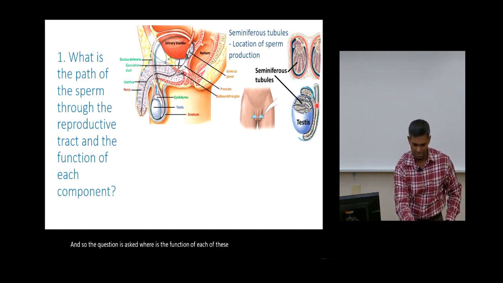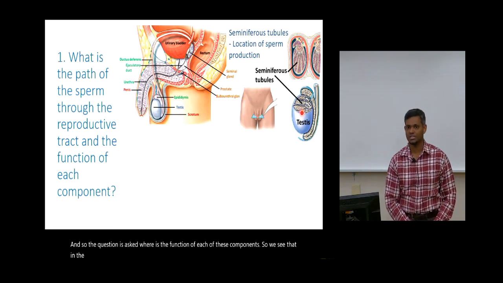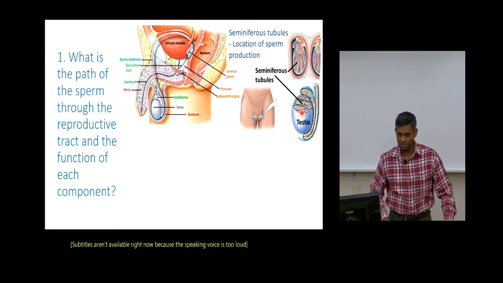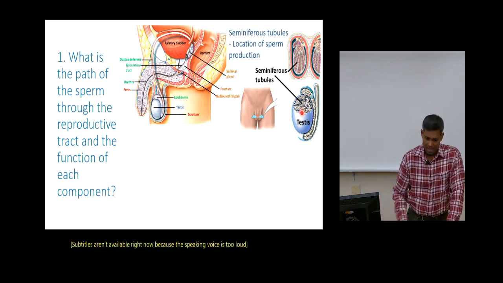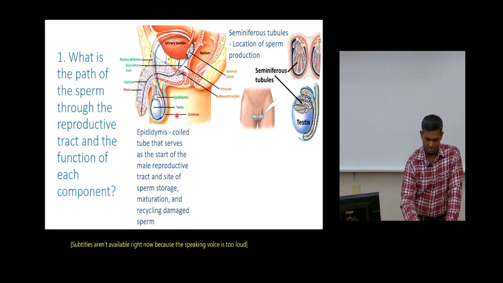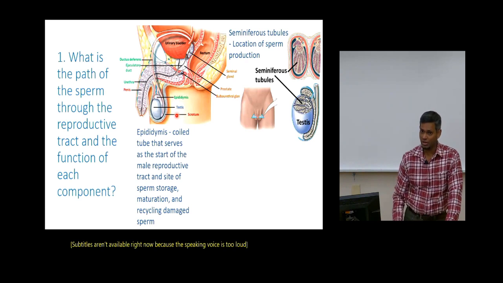We see that the seminiferous tubules are where the sperm will be produced, where it undergoes spermatogenesis. The epididymis is where the maturation of the sperm takes place, and that's where the sperm will be stored.